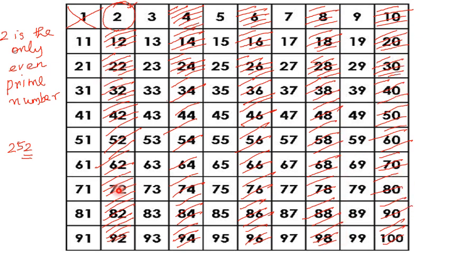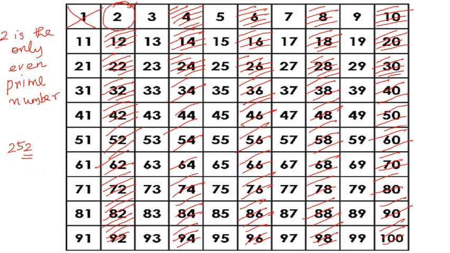So you see here 2, 4, 6, 8, 0. Any number ending in 2, 4, 6, 8 or 0 will be a composite number. So 252, the last number is 2, so it is a composite number.